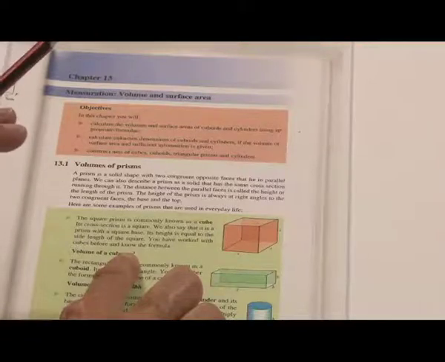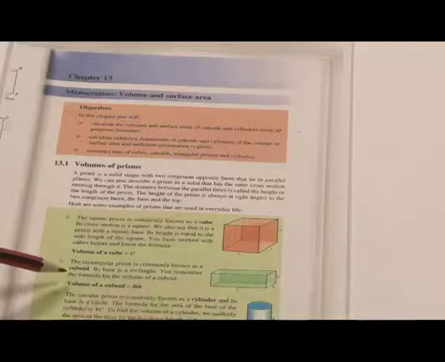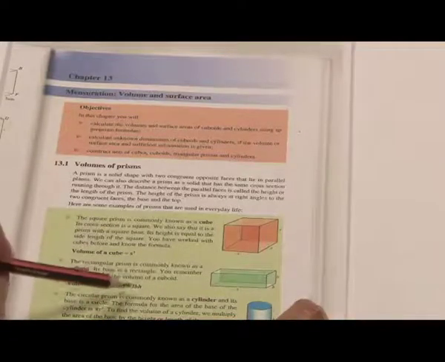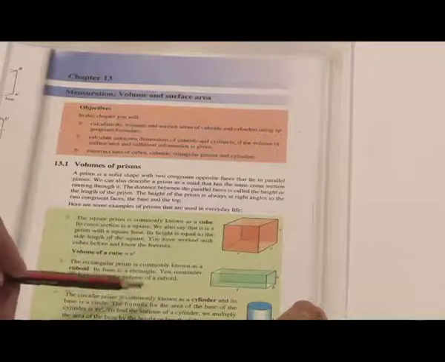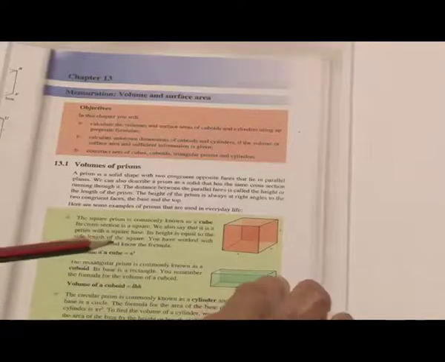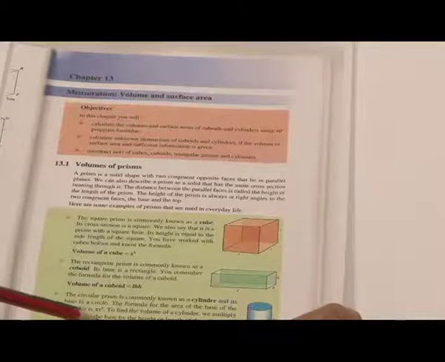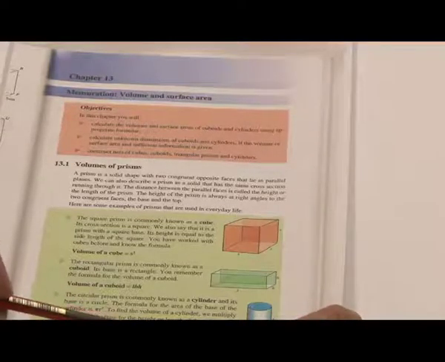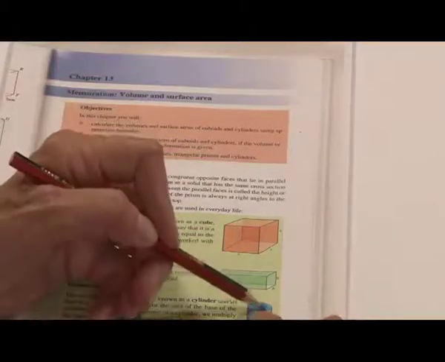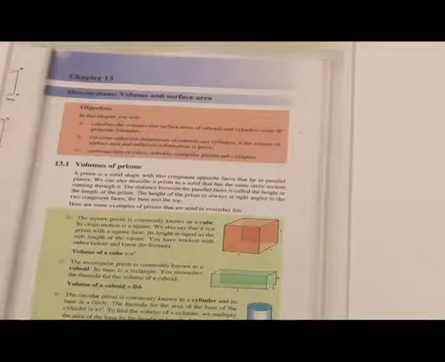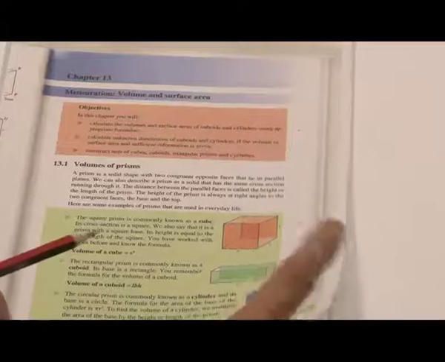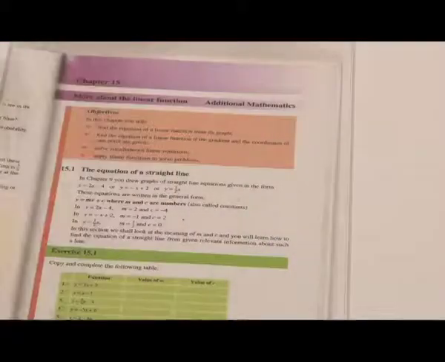For example, all of them are in meters or in centimeters. The volume of a cuboid is the length times the breadth times the height. The volume of a cylinder is pi r squared, so it's the area of the circle times the height. So that's how you find the volume.